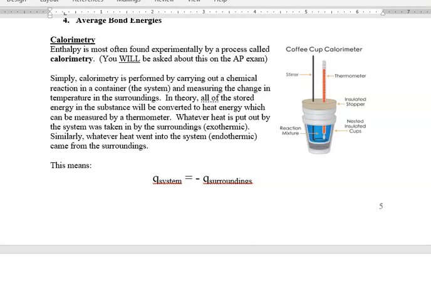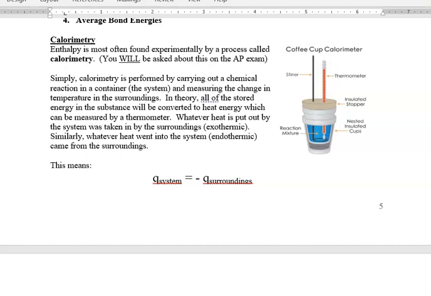So the only kind of energy that a chemical reaction gives off is heat energy. Since it's constant pressure, that means there's no work done. And so you eliminate work from the equation delta E equals Q plus W, heat plus work. So that means your change in energy is only heat. So you're able to measure the energy in that chemical reaction because there's no work involved, only heat.